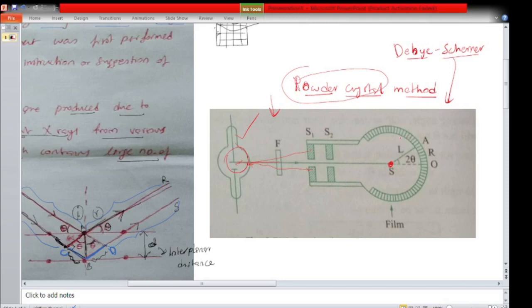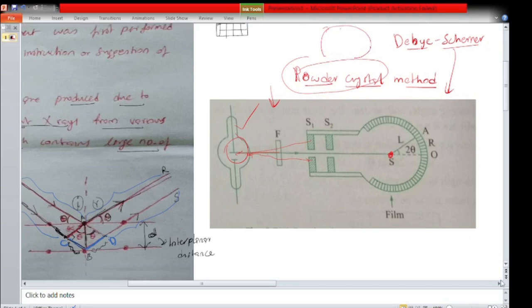The specimen that you can see in this figure is suspended vertically on the axis of the cylindrical camera. So if you look at it in three dimensions, it will be like a cylindrical structure like this. I will show it below, or on this side.